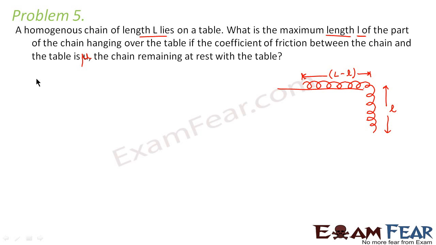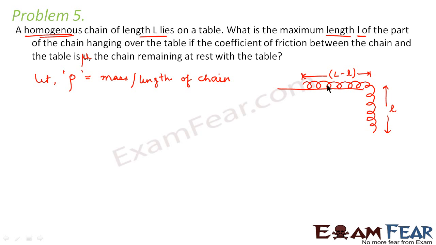Now let us suppose that rho is the mass per unit length of the chain. The question says that the chain is homogeneous. That means the mass per unit length, that is rho, will remain the same throughout the chain.